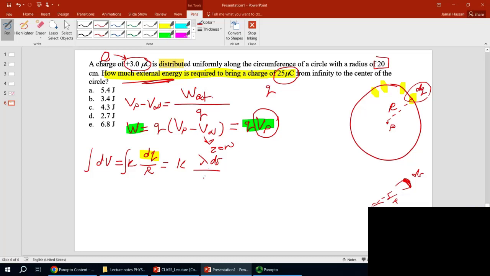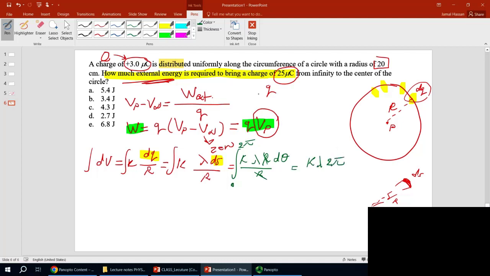So instead of ds, I'm going to write r d theta. It's going to be equal to K lambda r d theta divided by r, integral. The r will cancel out. Now, because this is a complete ring, it's from 0 to 2 pi. So the final answer is equal to K lambda 2 pi.